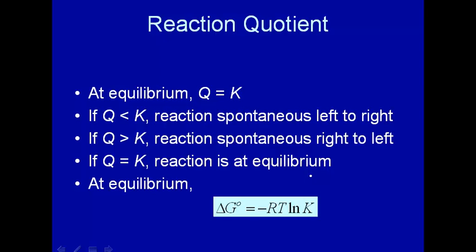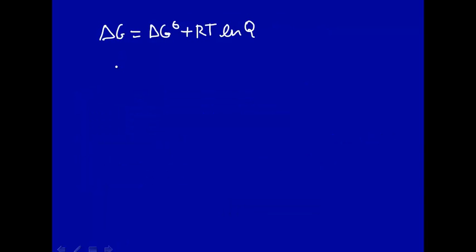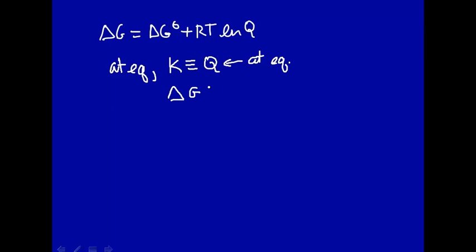So now let's look at equilibrium. Now that we know what Q and K are, or well, we actually don't know what K is yet, so let me define it: at equilibrium, K will be defined as Q. So this Q is at equilibrium. At equilibrium also, delta G is equal to 0. Remember, you have a minimum free energy, so it's not changing; the derivative, the slope, is 0.